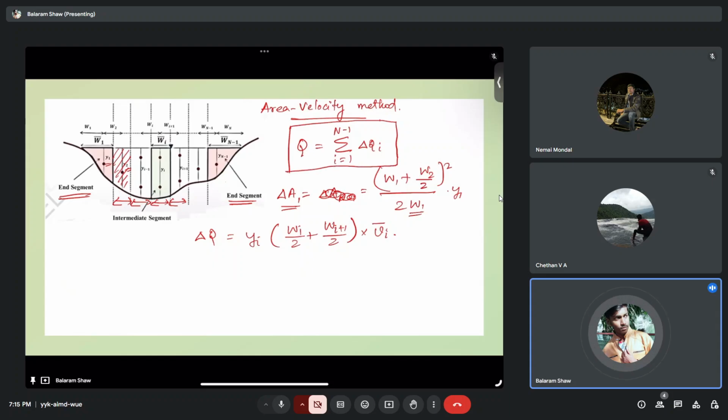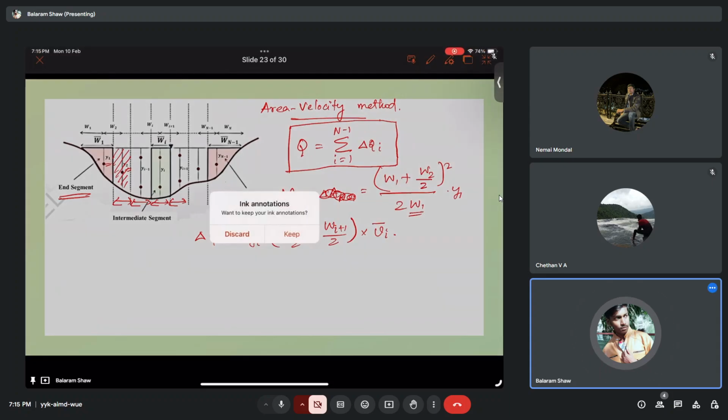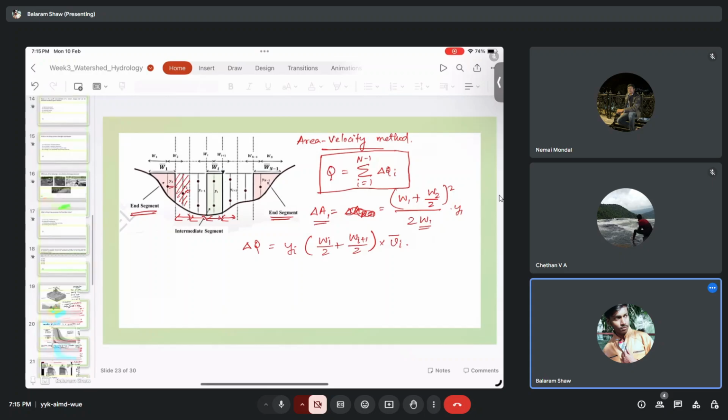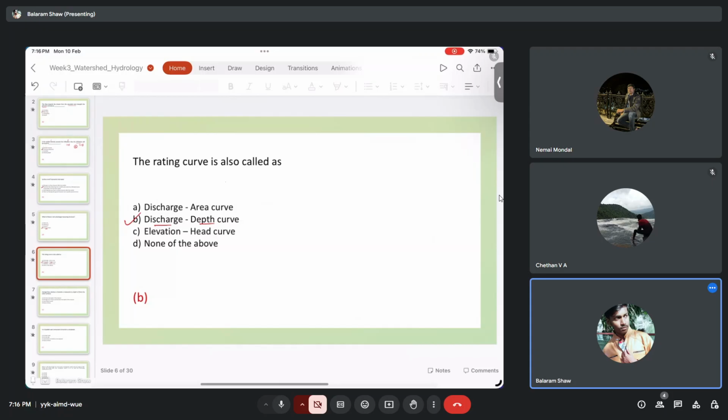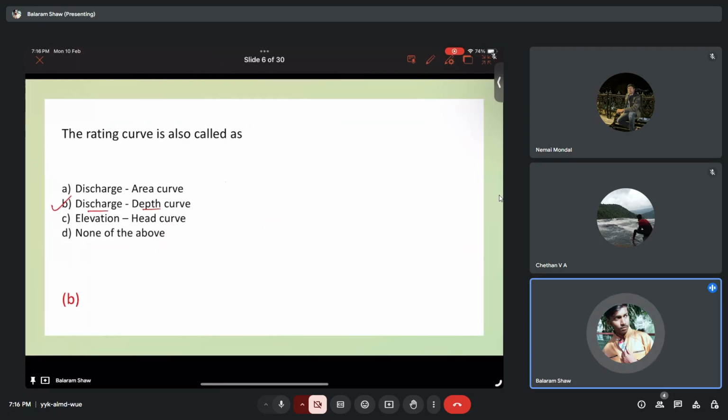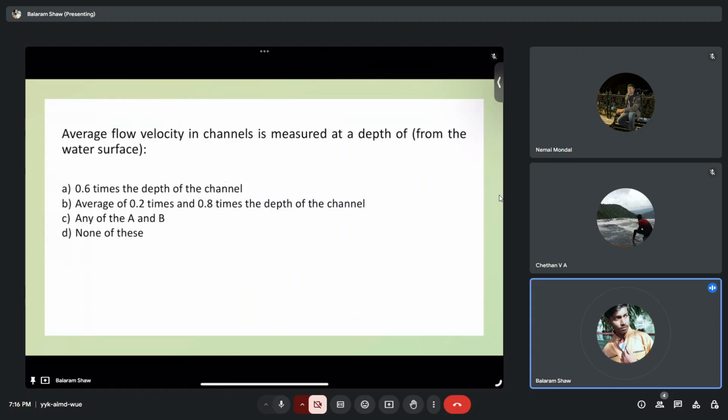So with this, I will do some questions again. The next question is: average flow velocity in channels is measured at a depth of. From the water surface, if it is a shallow stream, we measure at 0.6 times the depth of the channel, and if it is a deep channel, we take the average of 0.2 times the depth and 0.8 times the depth.